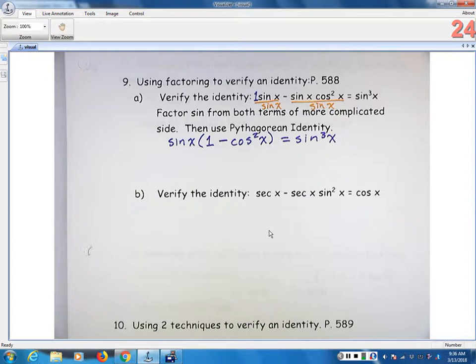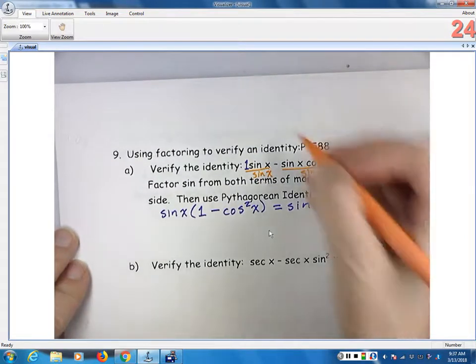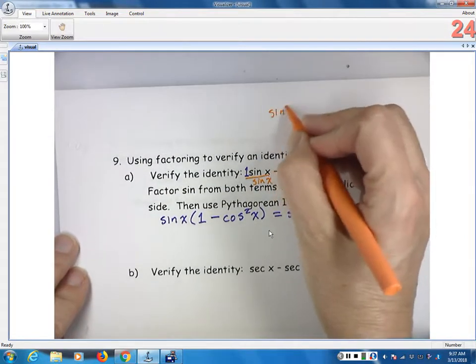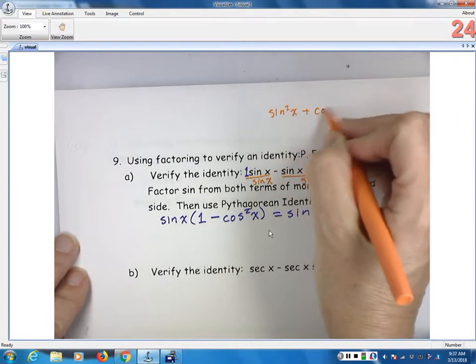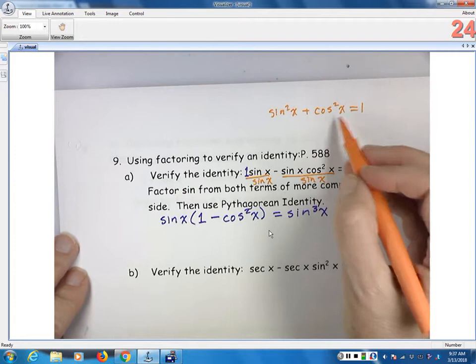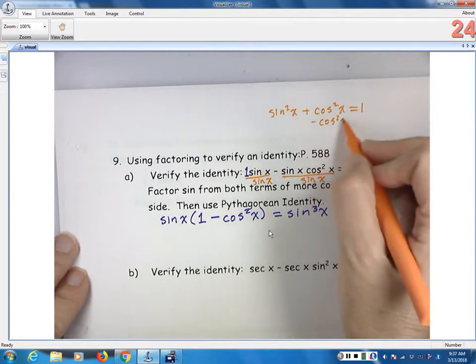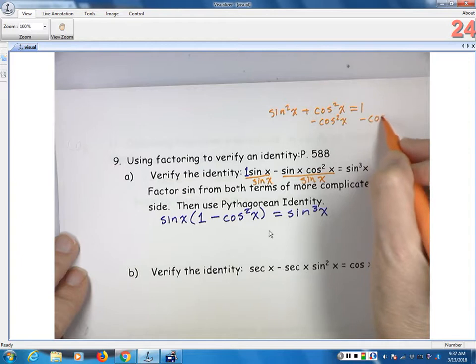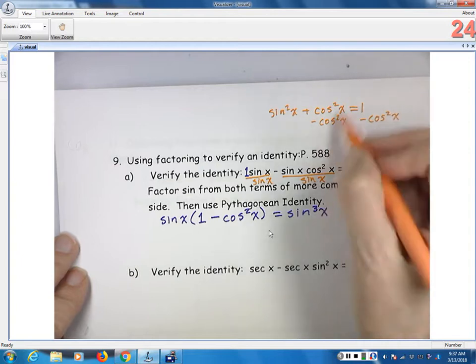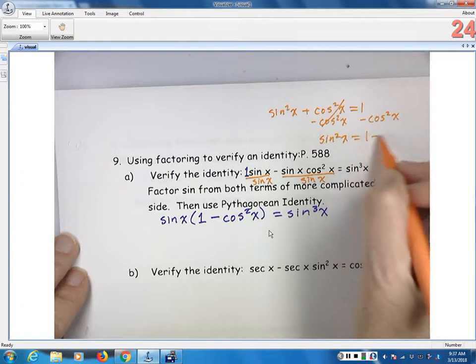All right. Well, I'm going to write up here the Pythagorean identity. Sine squared x plus cosine squared x equals 1. If we solve for sine squared, we're going to subtract cosine squared x. So we manipulate this identity, and you have sine squared x equals 1 minus cosine squared x.